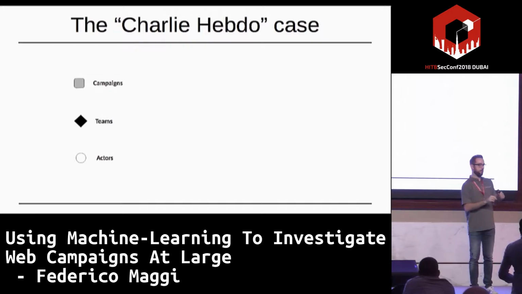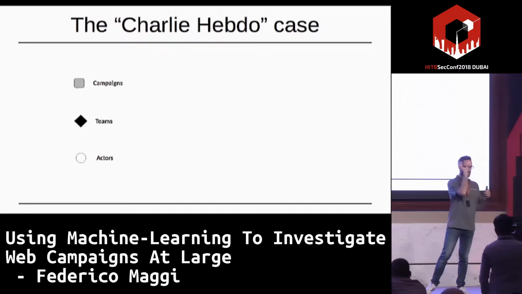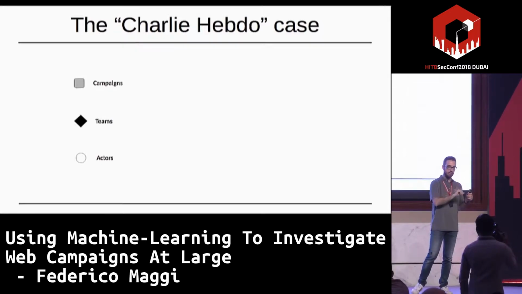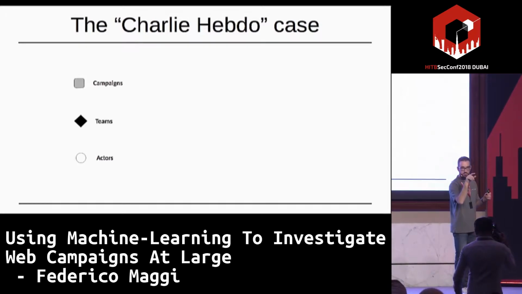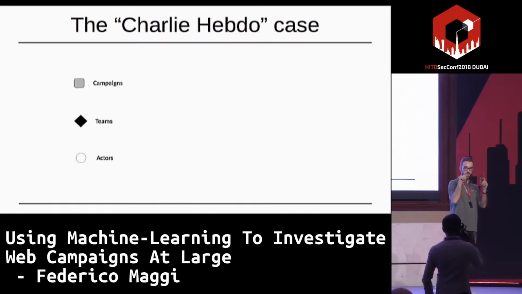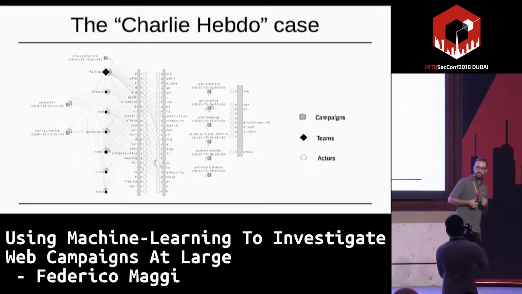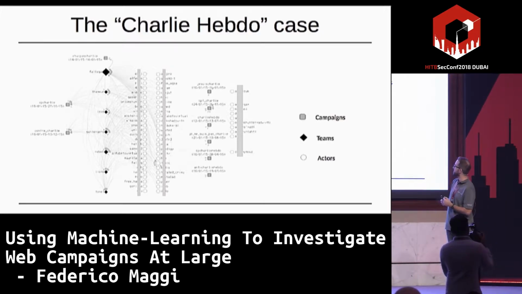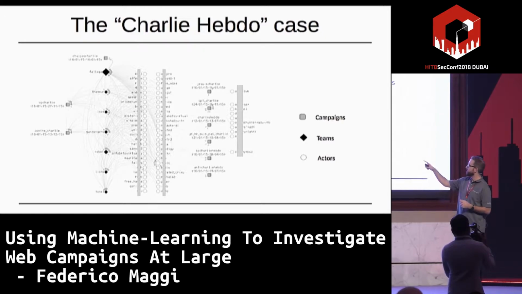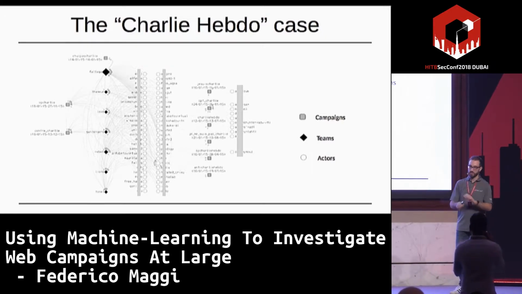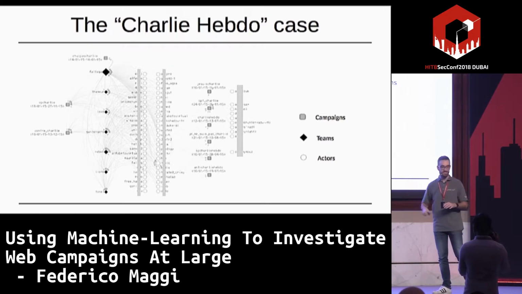So from now on, I'm going to use 3 symbols to visualize: campaigns as a little square, the teams as a black diamond, and the actors as a white circle. So we can tell something like this. Unfortunately, the screen is not rendering the arrows, but I swear there are arrows.